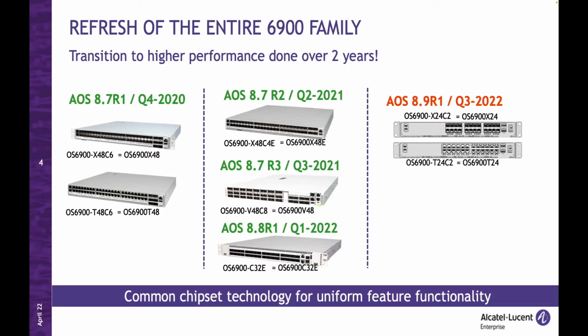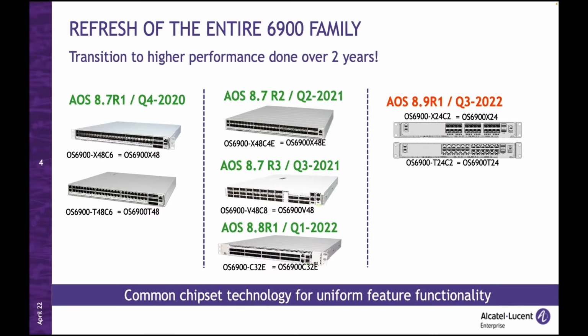Please note that since the introduction of the first new X48 and T48, we have new marketing and ordering part numbers. The product reference or name still follows the same nomenclature: OS6900 as family name, then a dash, followed by the model number with port type and numbers, plus optionally the letter D at the end for those with DC power supply.